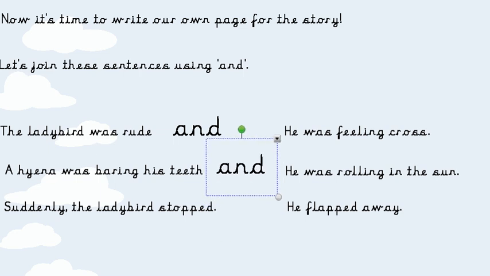A hyena was baring his teeth and I'm going to get rid of that he was there. Bear with me, everybody. There we go. So, a hyena was baring his teeth and rolling in the sun. Excellent. Okay, last one, everyone.